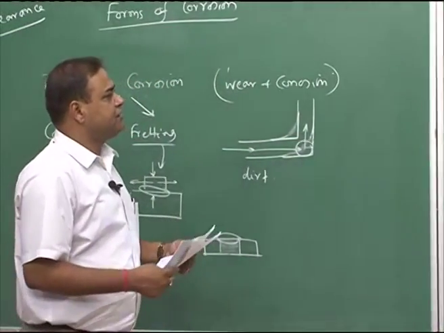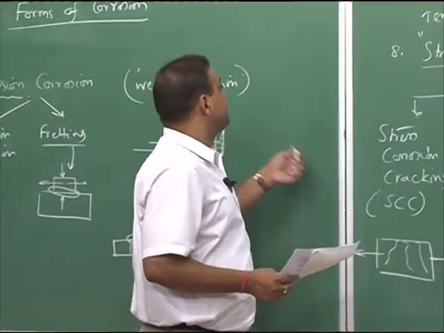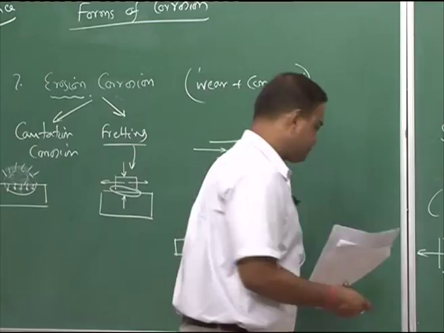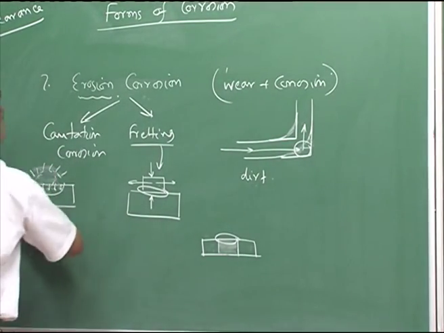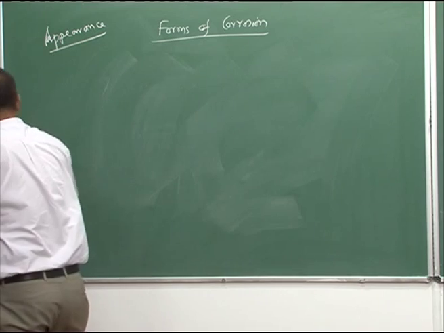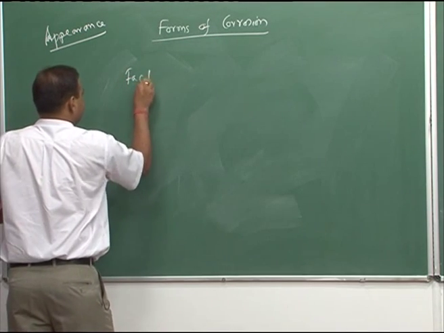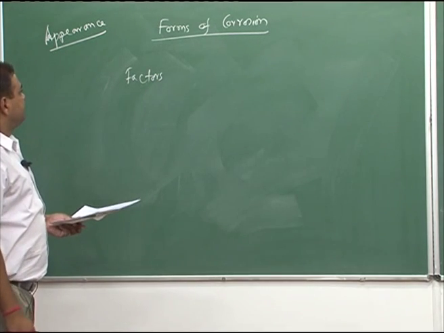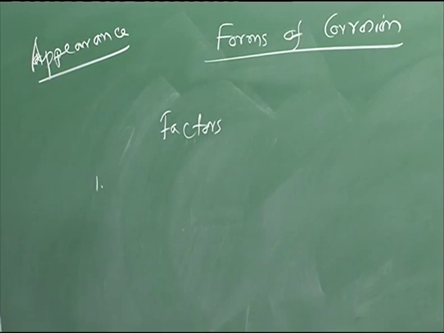Now, the point is there are different effects which would lead to different forms of corrosion. What are those effects, or what are those factors? Now, if we come to the factors deciding corrosion, there could be different factors.